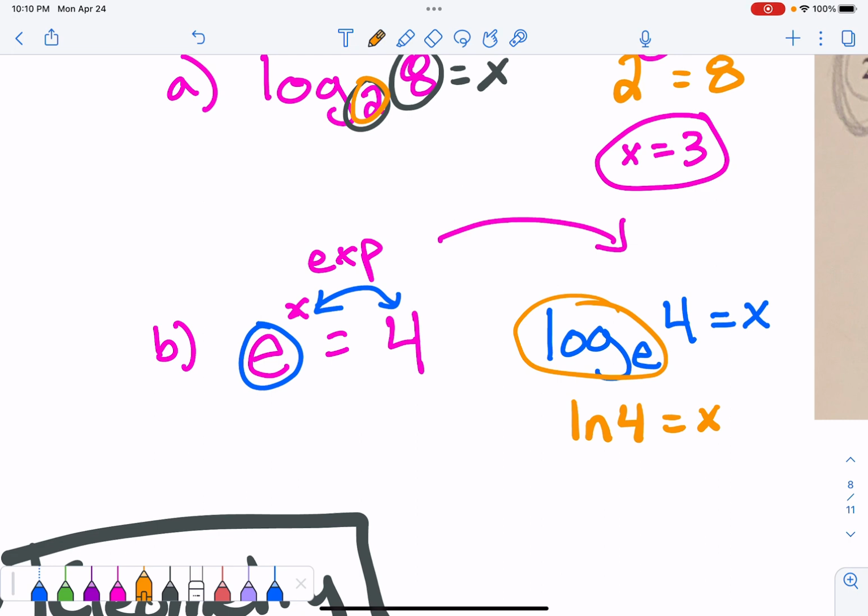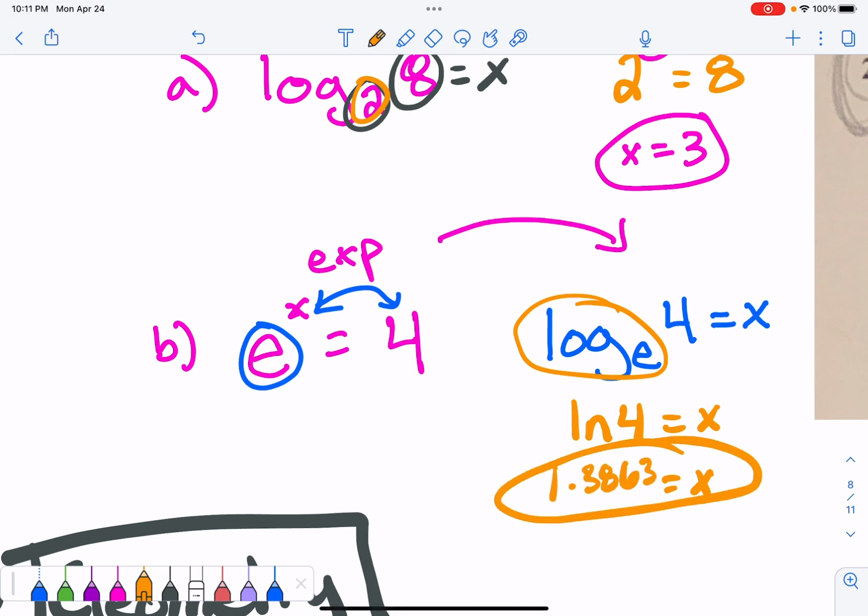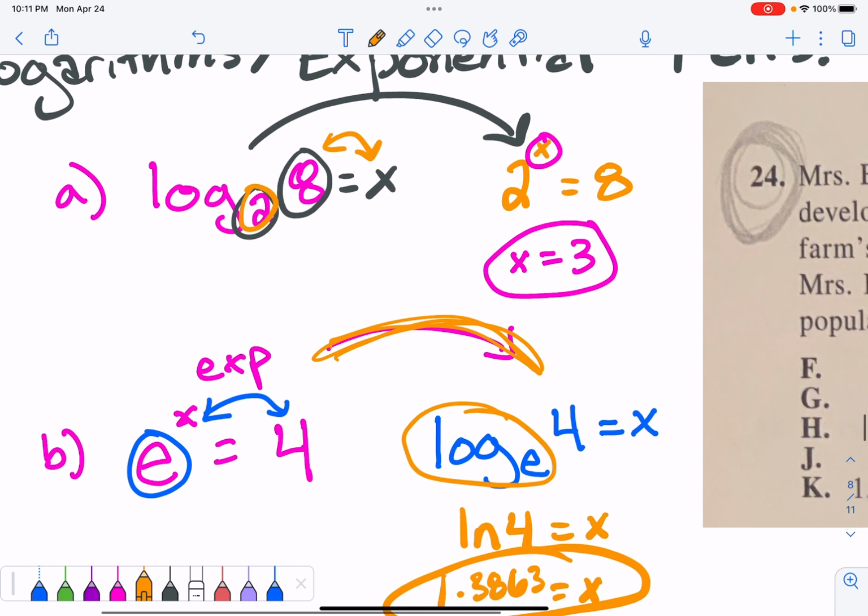Let me do it in my calculator. ln of 4, and you get 1.3863. Usually they'll have you do 4 decimal places for logs, okay? So that's how you can go about evaluating those, by changing from logs to exponential functions and vice versa. And then you can use that to solve some stuff, okay?